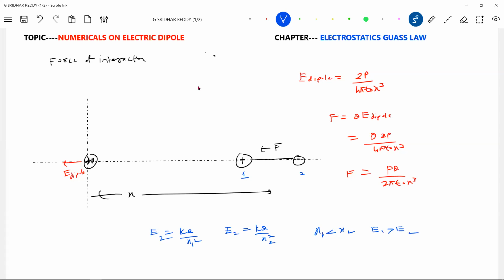The positive charge actually experiences a force towards the right. For the positive charge, it will be a repulsive force. For the negative charge, it will be attractive. Since F1 will be greater than F2, on the dipole the force will be acting towards the right.